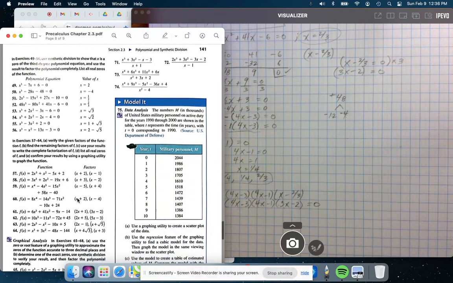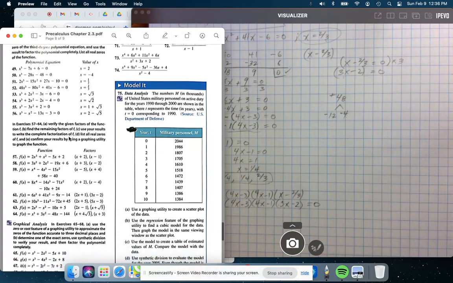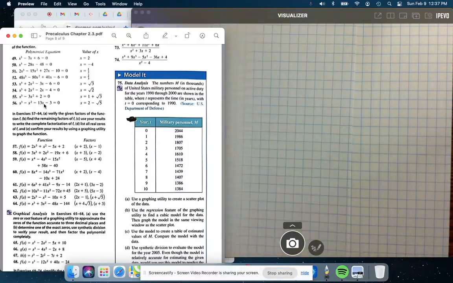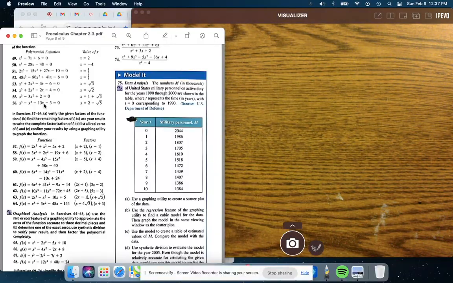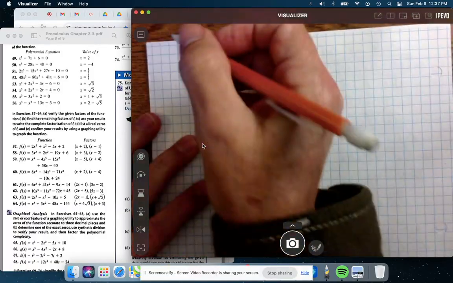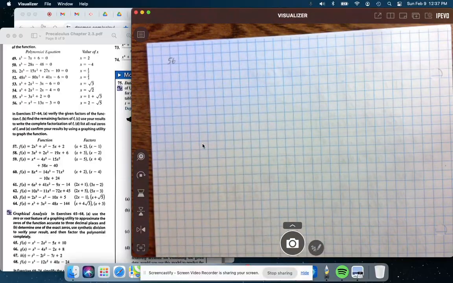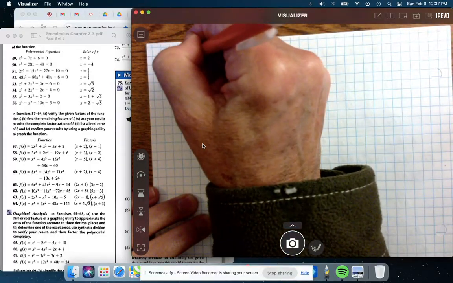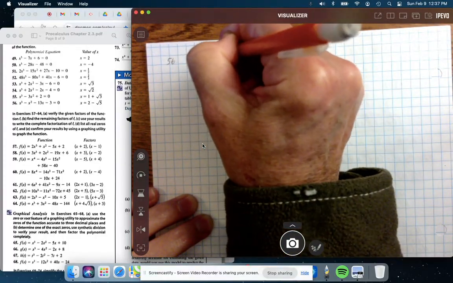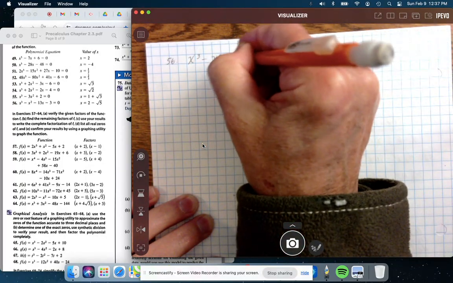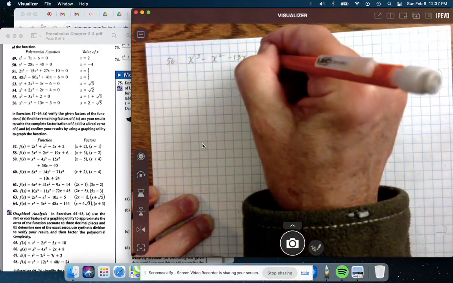All right. Now these ones with the square roots, let me do 56. So 56: x cubed minus x squared minus 13x minus 3 equals 0.